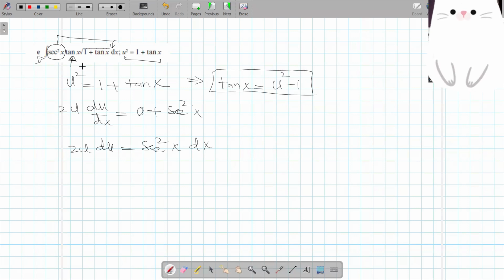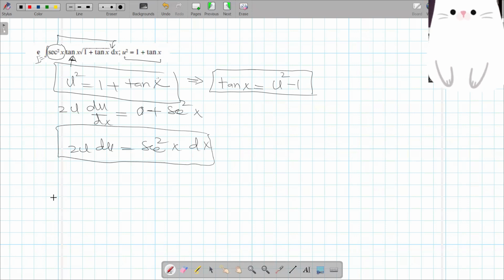We will put u squared equal to this, and we will put sec squared x dx equal to this. Let's put all these things into the given integral. So 10x is equal to u squared minus 1, the square root of 1 plus 10x is u, and sec squared x dx is 2u du.